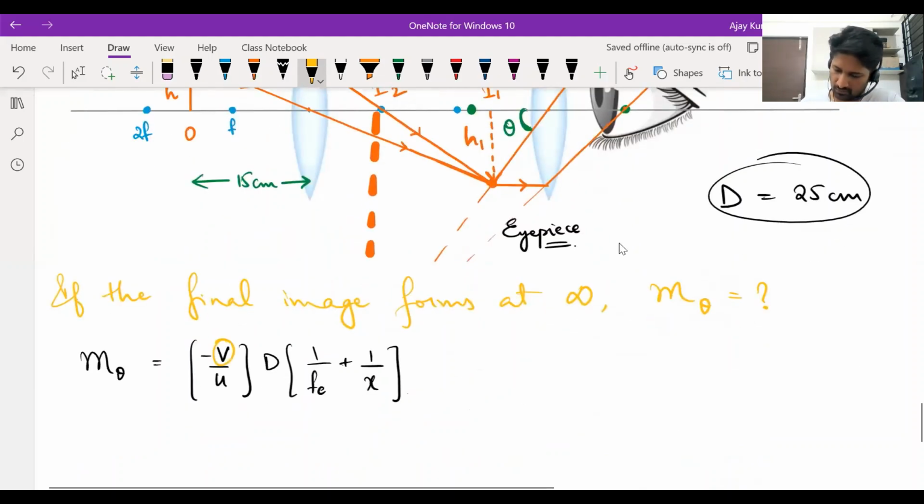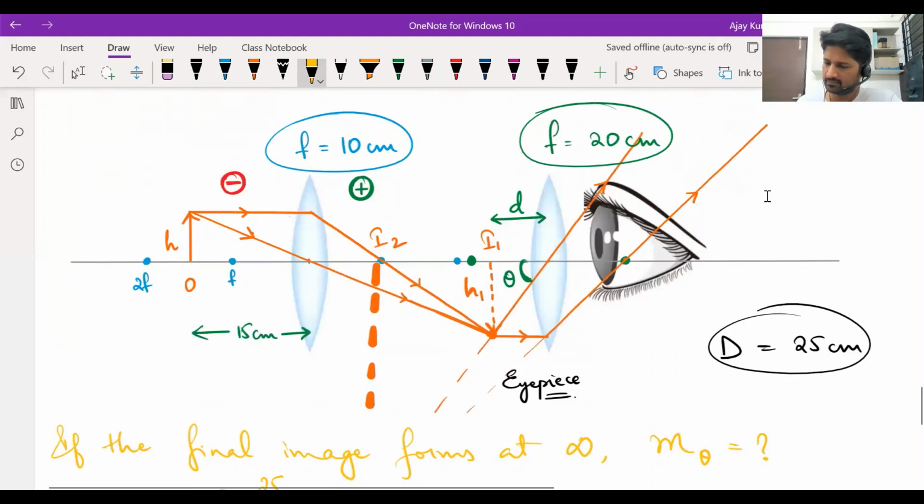V is unknown. U is minus 15 centimeters. All distances will be in centimeters only. How much is capital D, the near point distance? 25 centimeters. How much is the focal length of the eyepiece? 10 centimeters.